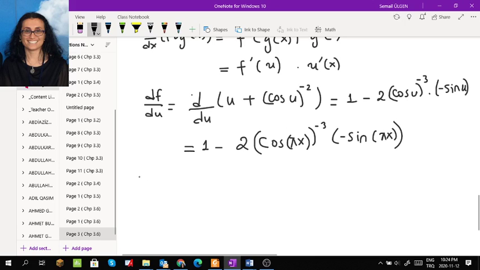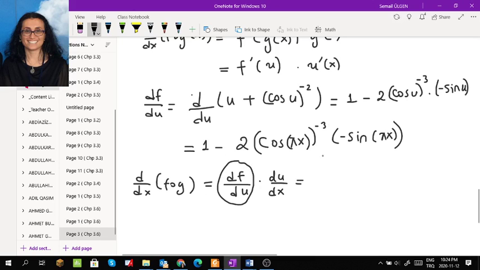So the derivative of f composed g at x is equal to the derivative of f at u times du dx, in terms of Leibniz's formula. I found this part. This is it. And what is du dx? du dx is just pi.